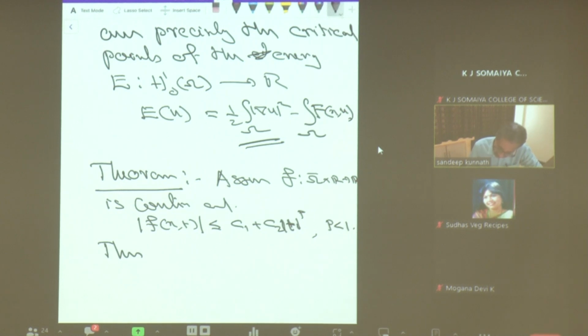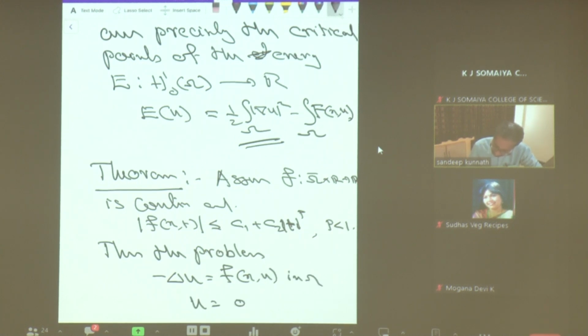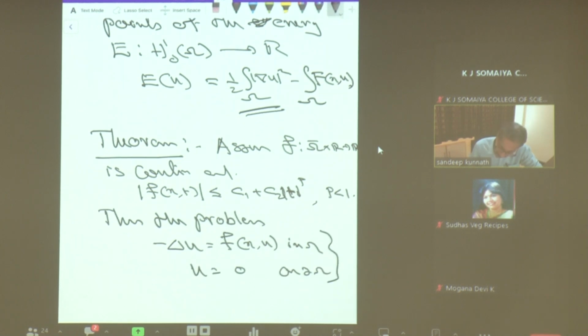Then the problem minus Laplacian of u is equal to f of x u, with u equal to 0, in omega and on boundary of omega, has a weak solution.